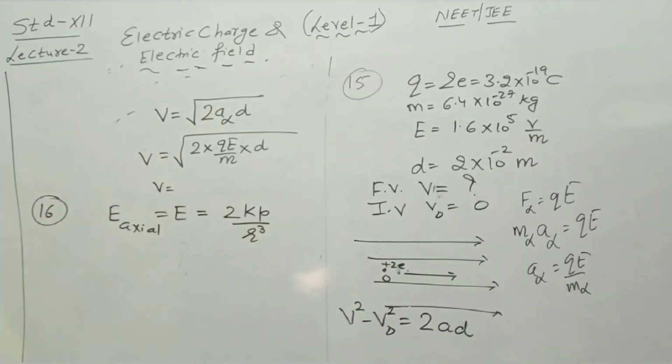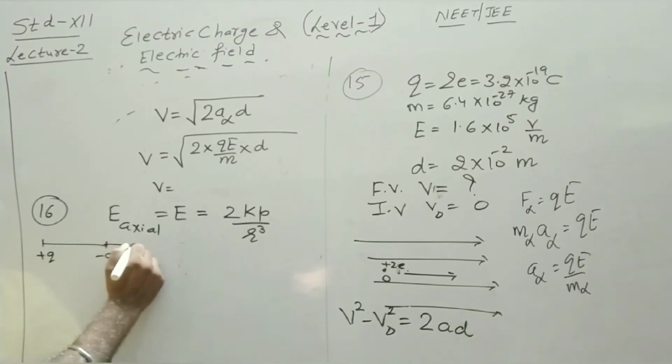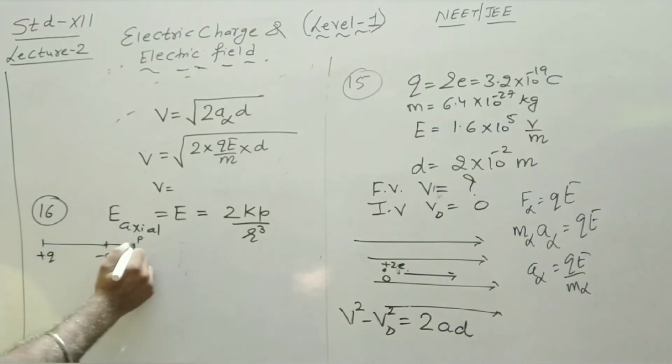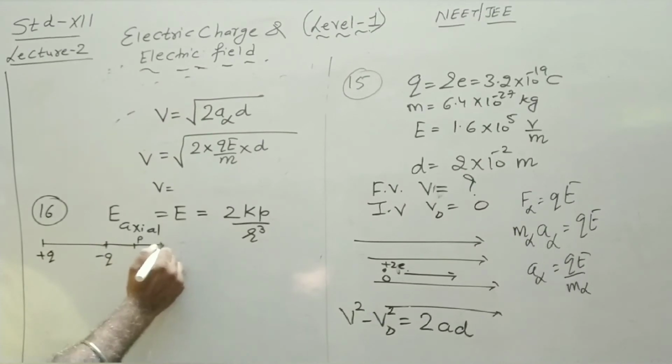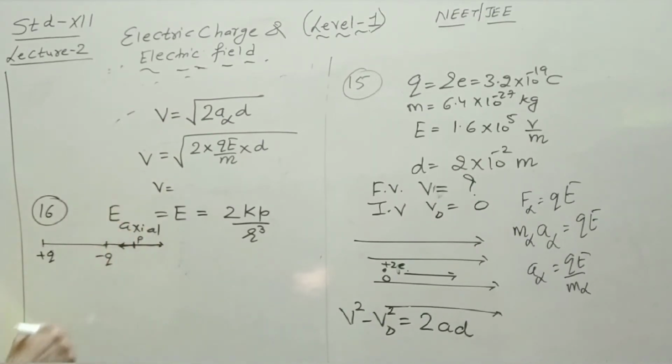This was the formula for electric field intensity due to a dipole at its axial point. So this was plus q, this was minus q, and this is say the axial point. We found that when we place a test charge here, it is repulsion, this is attraction. So we got the formula in the direction of the dipole moment.